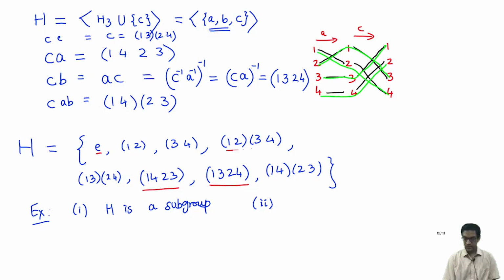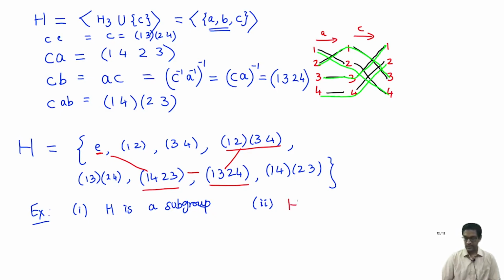That's just these 4 elements: identity, (1 4 2 3), this (1 2 3 4), and (1 3 2 4). So I've got a cyclic subgroup of cardinality 4, and all the other elements that remain are elements whose square is identity. They are all elements of order 2. And this should remind you of something, that this looks very much like the dihedral group in some sense.